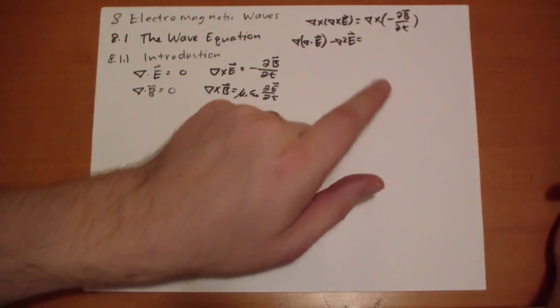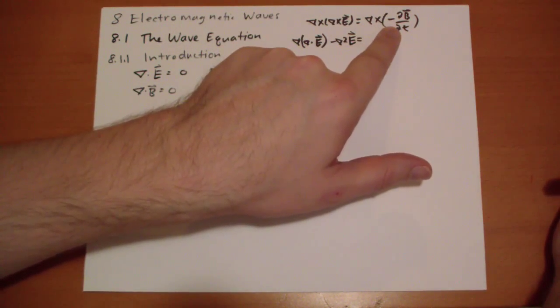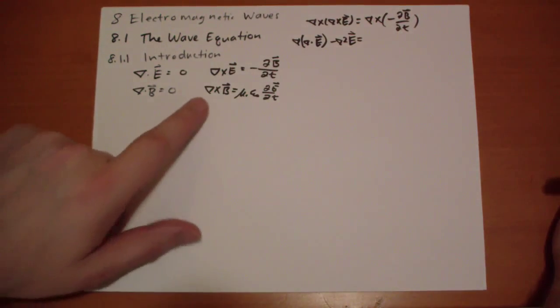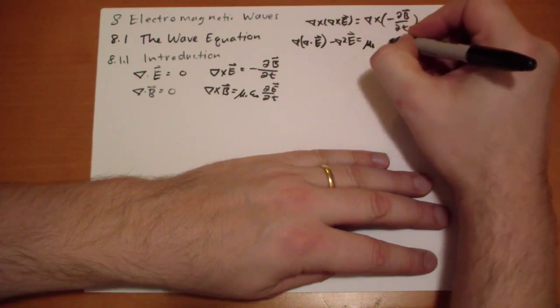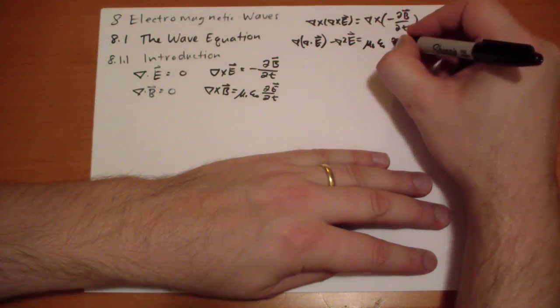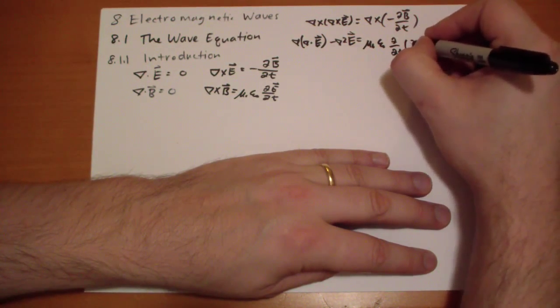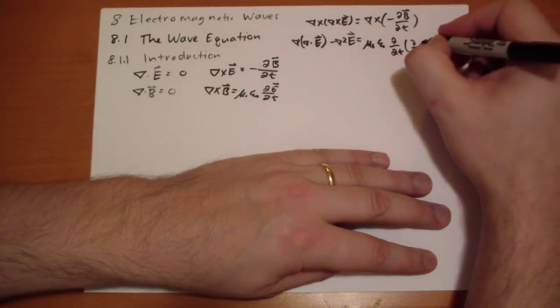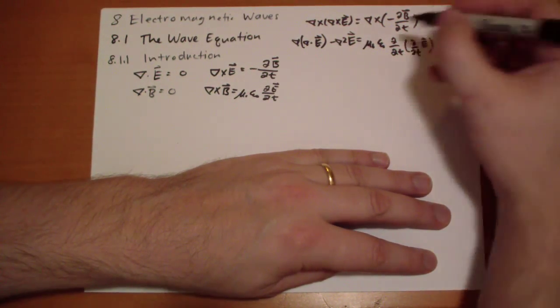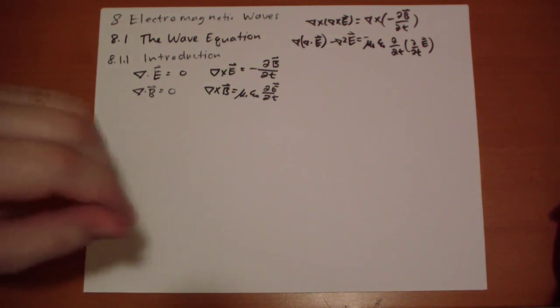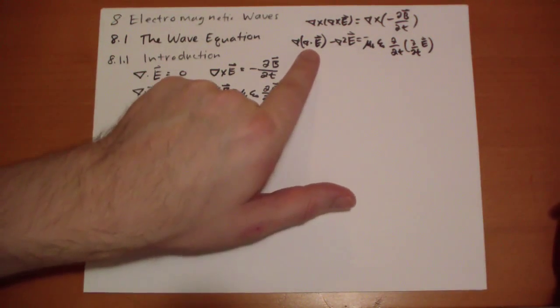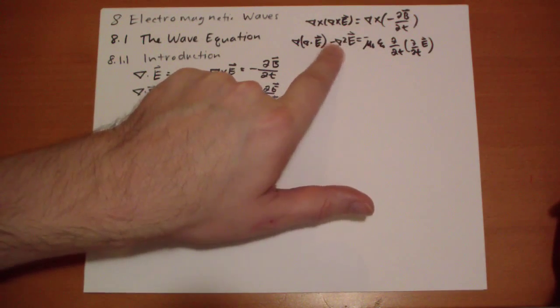And if we take our curl to the inside, we get negative the time derivative of the curl of B. Well, the curl of B is just mu naught epsilon naught times the time derivative of the E vector. And I think I lost a minus sign somewhere. Yes, I lost a minus sign. Now this is 0. This is negative. That's negative.